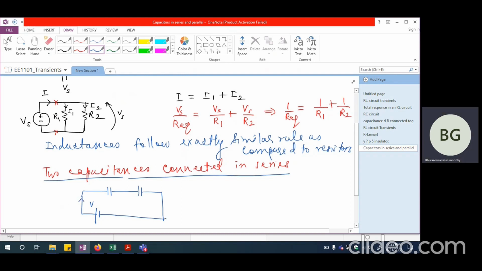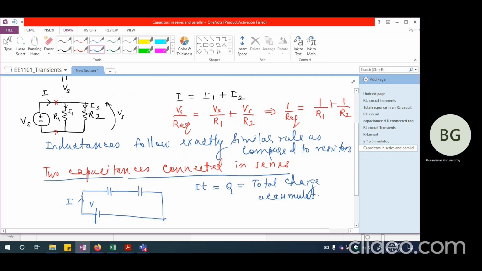Okay. A common current I flows through these capacitors connected in series. So I times T, whatever is the time duration for which the current is flowing, that is going to be the Q, the total charge accumulated by both the capacitances.